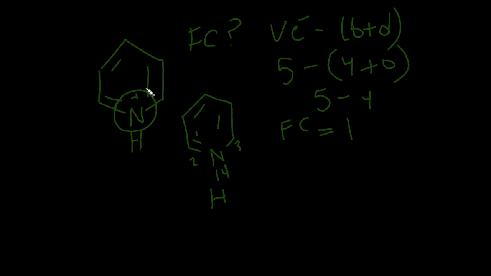All right. Now, let's go into this next example. In this example, we're going to figure out the overall charge of the whole molecule rather than just one atom in the molecule.